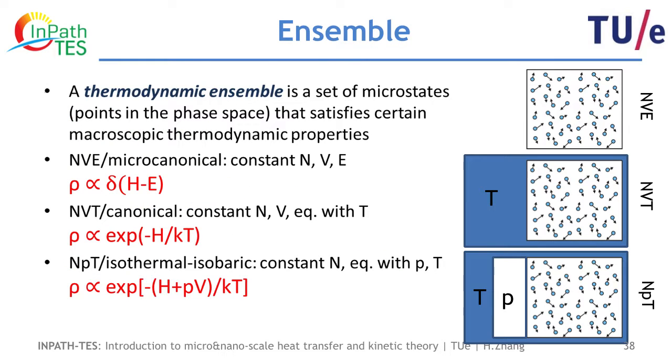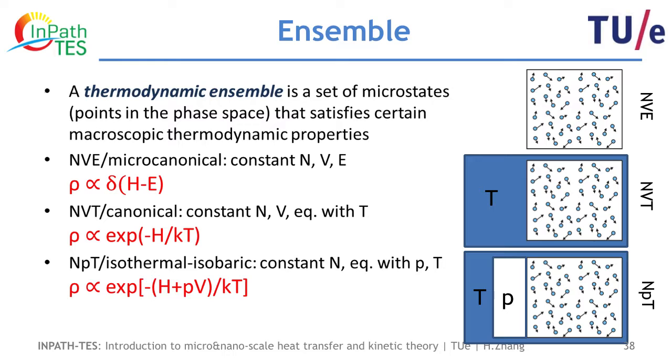To find the phase space density and carry out the statistics, we need to first define under which condition the systems are in equilibrium. Here comes the definition of ensemble. A thermodynamic ensemble is a set of microstates as points in the phase space that satisfies certain macroscopic thermodynamic properties.